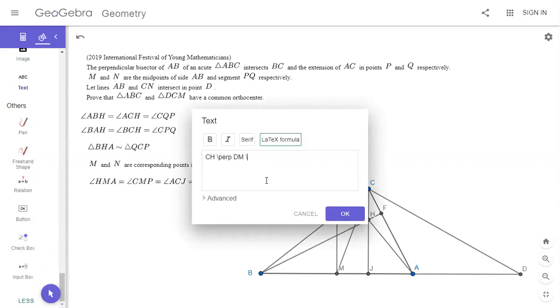This implies they all have the same orthocenter H. All right, I'm going to move on to the next problem.